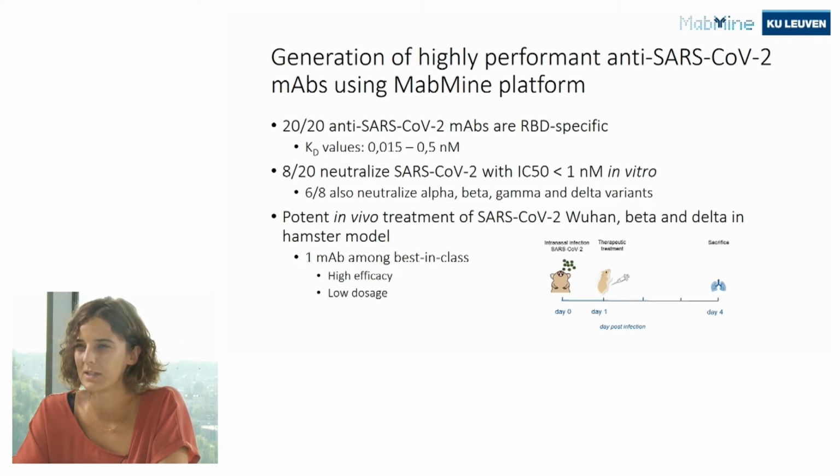And 4 of the antibodies were evaluated for their treatment efficacy in an in vivo hamster model, and we could show that one of our antibodies was actually among the best in class when compared to the commercially available ones, and could treat COVID symptoms in hamsters with a high efficacy and a very low dosing.